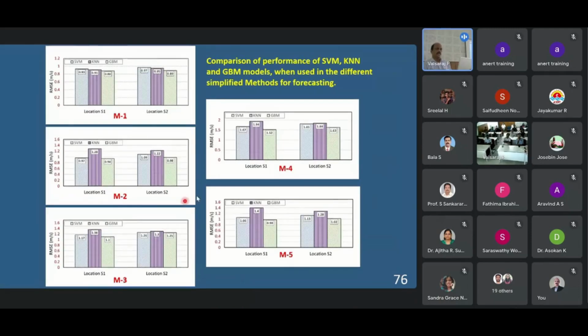Then I applied some other methods, gradient boosting machine regression and KNN also. I initially did only SVM. So this is the comparison, from method 1 for S1 location, S2 location. Slightly these are better in some cases, and in general, the approach is working.